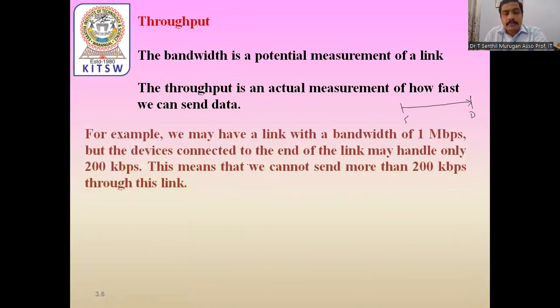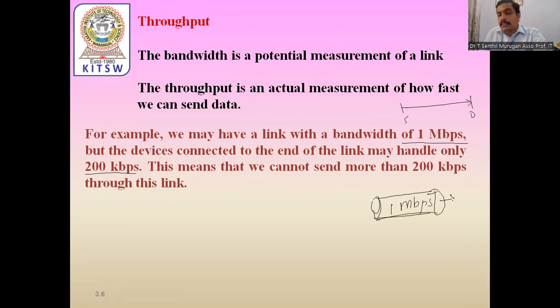For example, we may have a link with a bandwidth of 1 Mbps. The link means the wire has the capability of 1 Mbps. But the device connected to the end of the link may handle only 200 kbps. What is the meaning of that? The wire has the capability of sending 1 megabit per second, this entire cable length capacity.